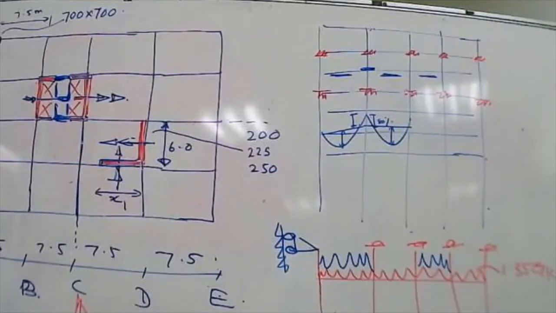Then the question is, what will happen in an earthquake? In an earthquake, still the hinge will form in the beam, because the beam has a smaller cross section than a column. I deliberately do so; still the plastic hinge will form in the beam.